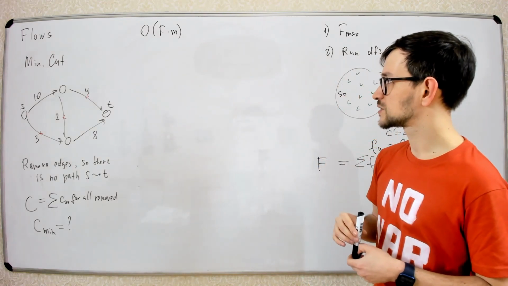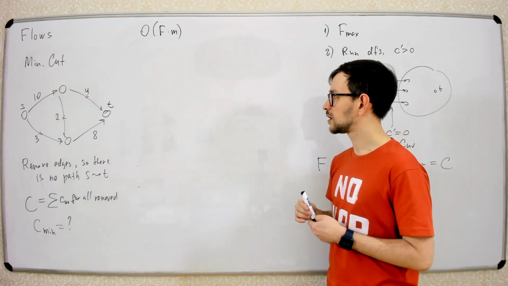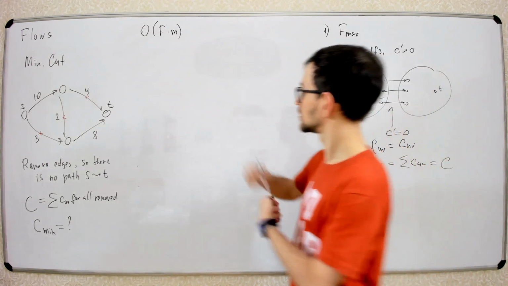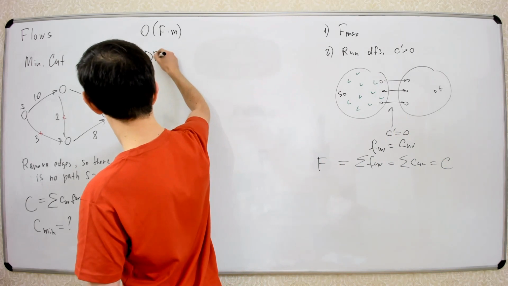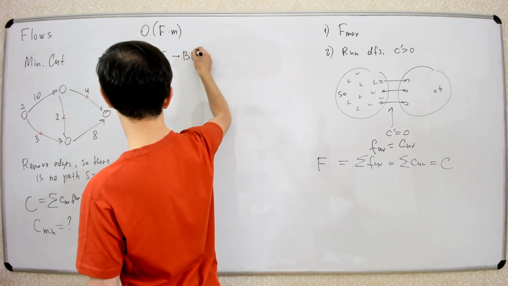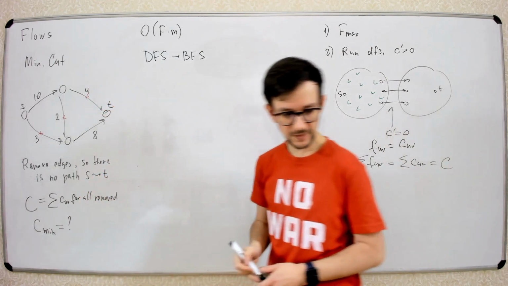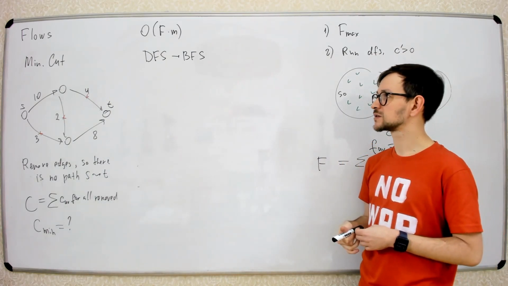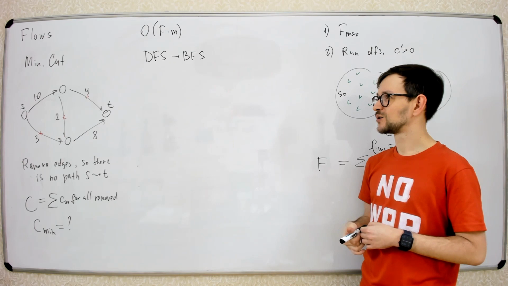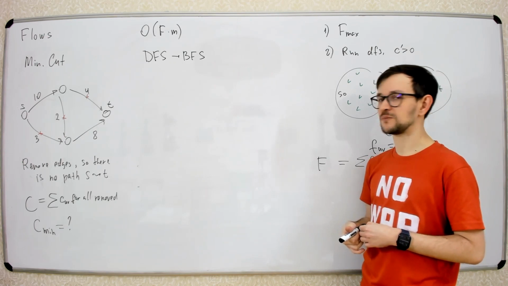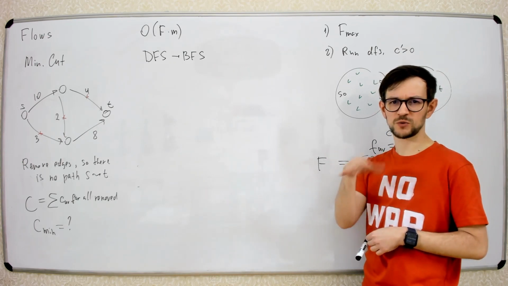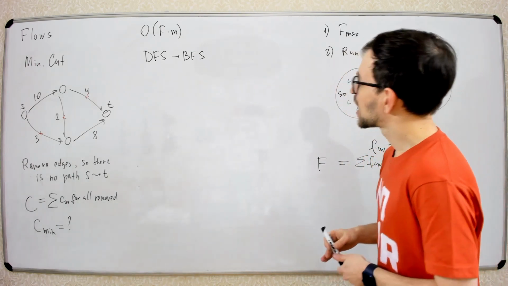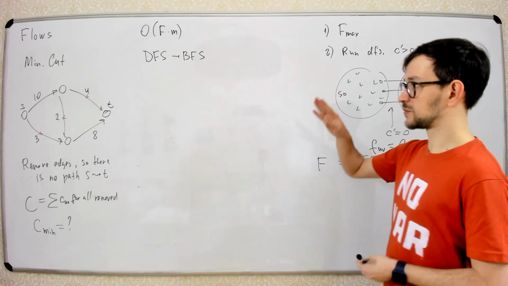The first idea is very simple. We will just replace DFS with BFS. It's called the Edmonds-Karp algorithm. It's the same Edmonds who found the Blossom algorithm from the previous lecture. It's very simple.